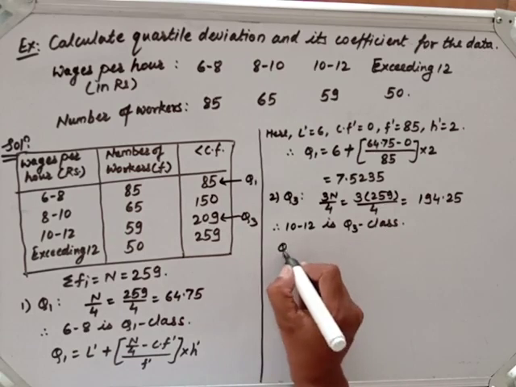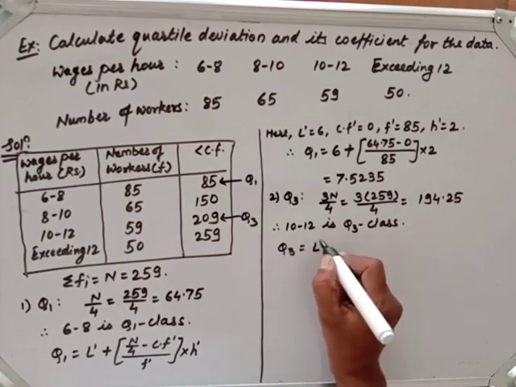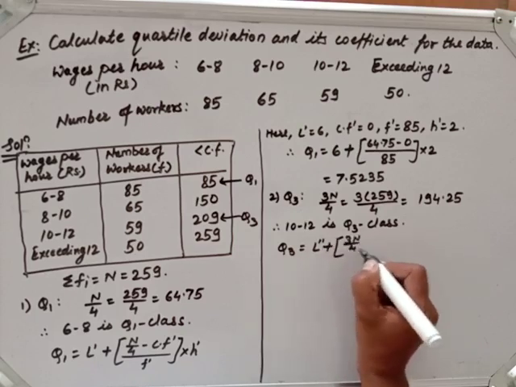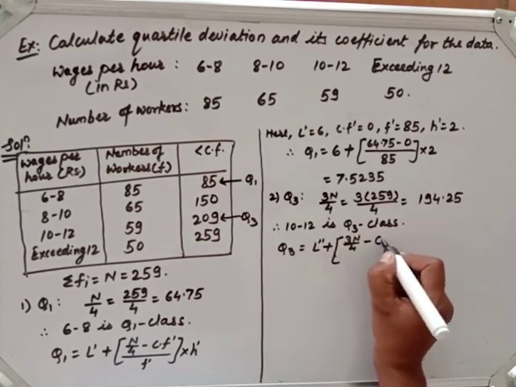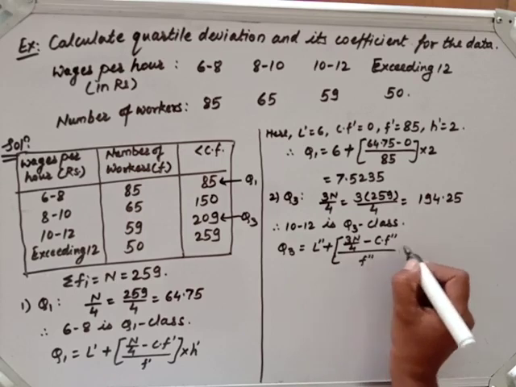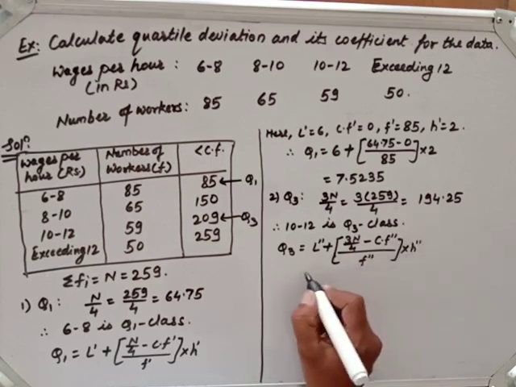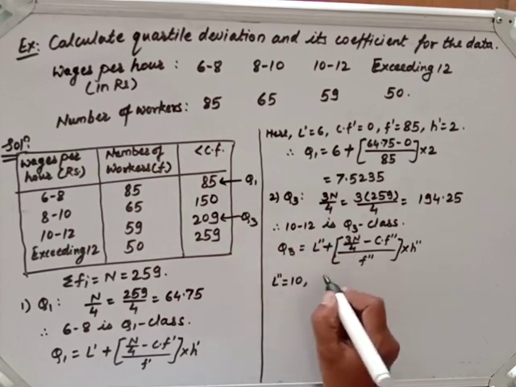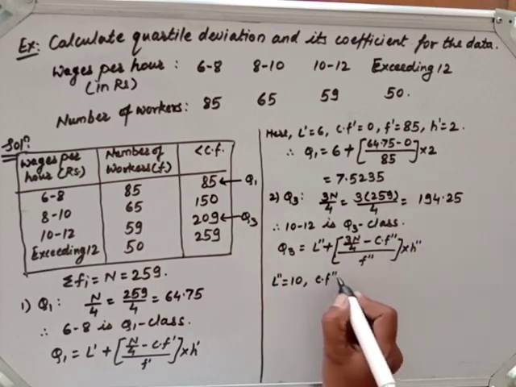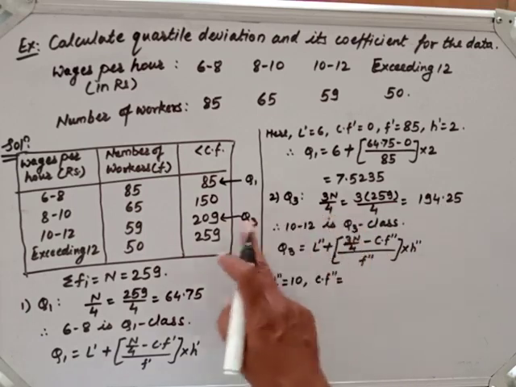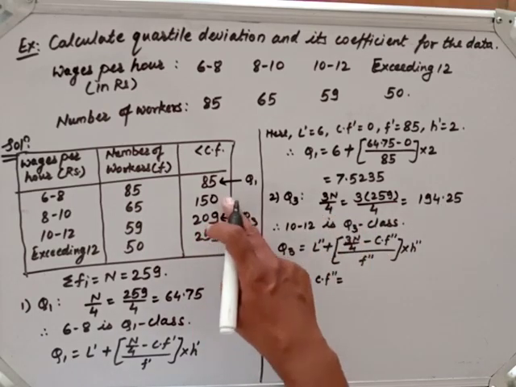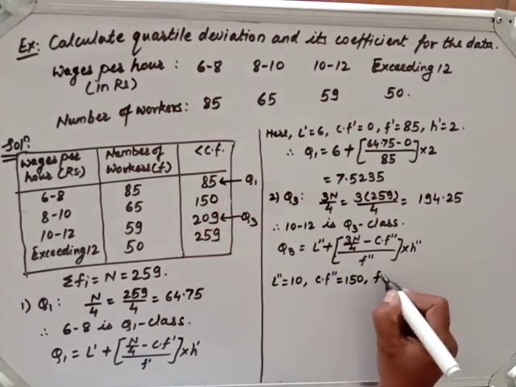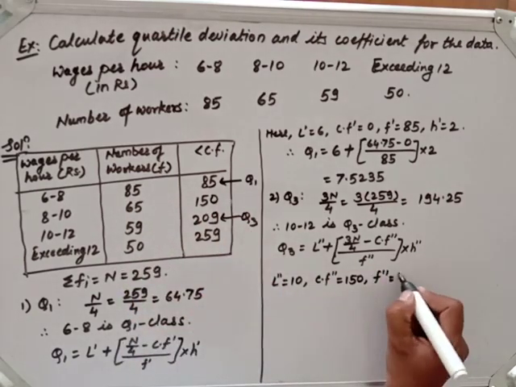What is the formula for Q3? It will be L'' plus 3N by 4 minus Cf'' upon F'' multiplied by H''. Here L'' is this same 10. 3N by 4 we have. Cf'' is the less than type cumulative frequency prior to this Q3 class, so it is 150. F'' is the frequency of the same class, 59.